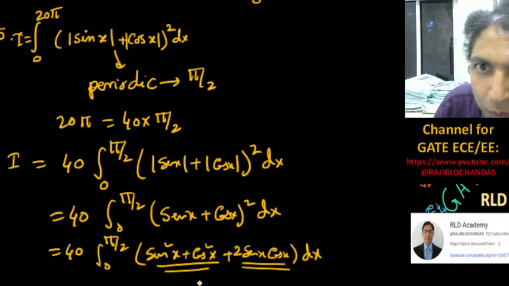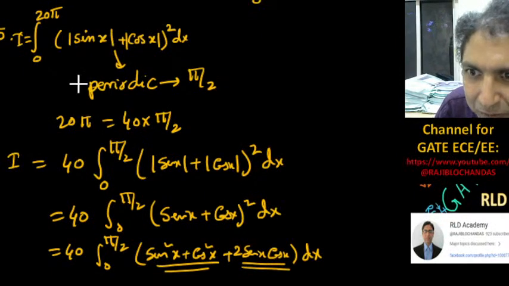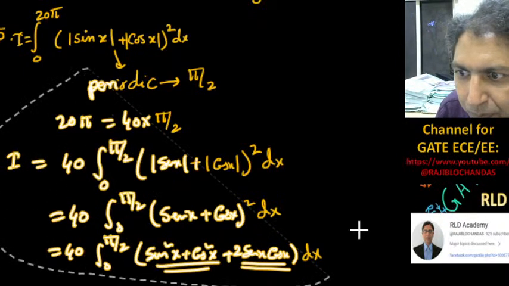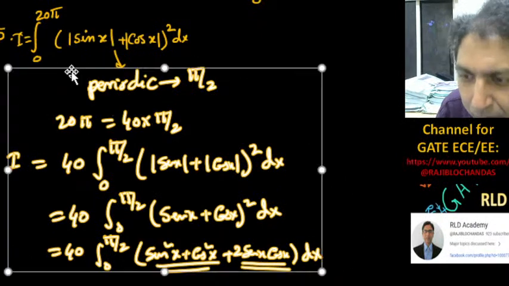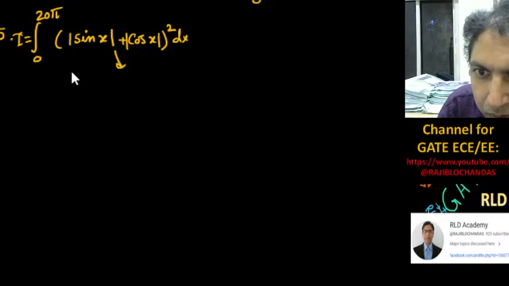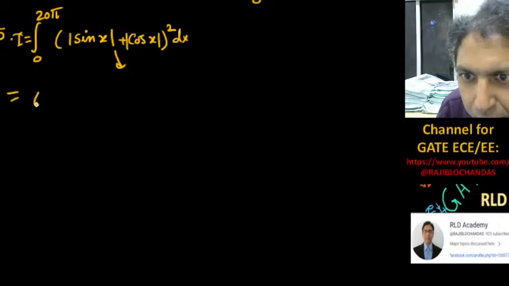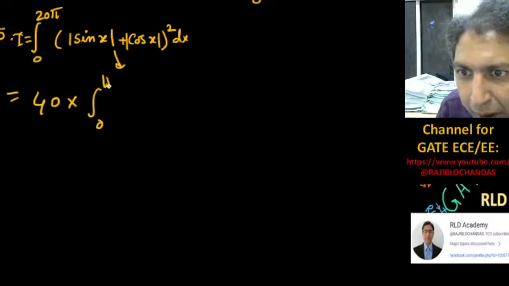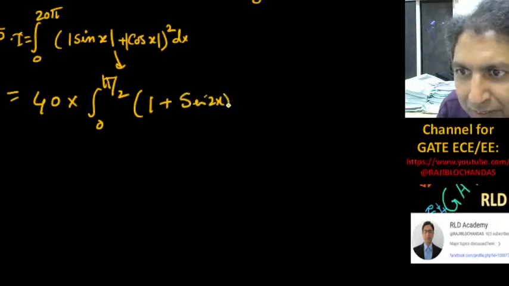So now we can replace this thing as, this is equal to 40 times 0 to pi by 2, first one is 1, second one is sin 2x dx.